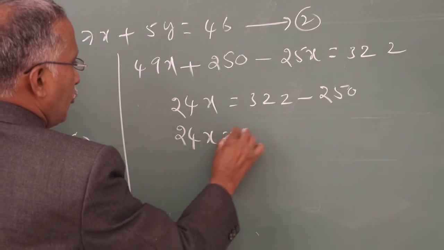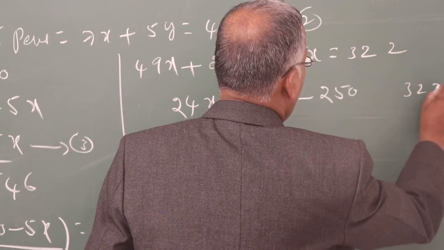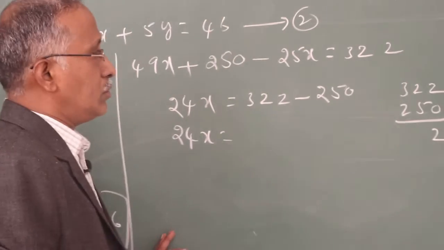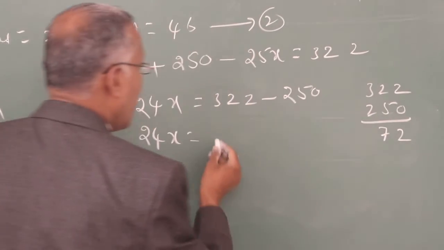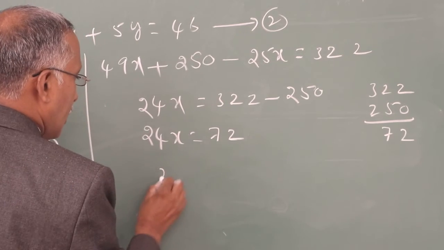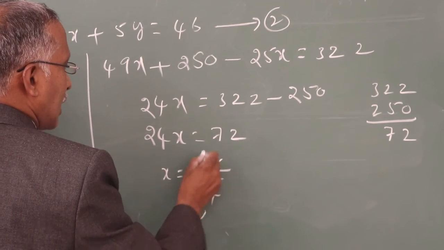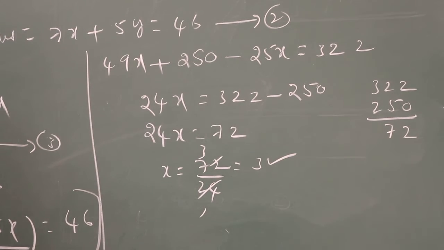Therefore, 24x is equal to 322 minus 250. 2 minus 0, 2. 12 minus 5 is 7. Then you can get 72. x is equal to 72 by 24. 24 threes are 72. Therefore, the value of x is equal to 3.